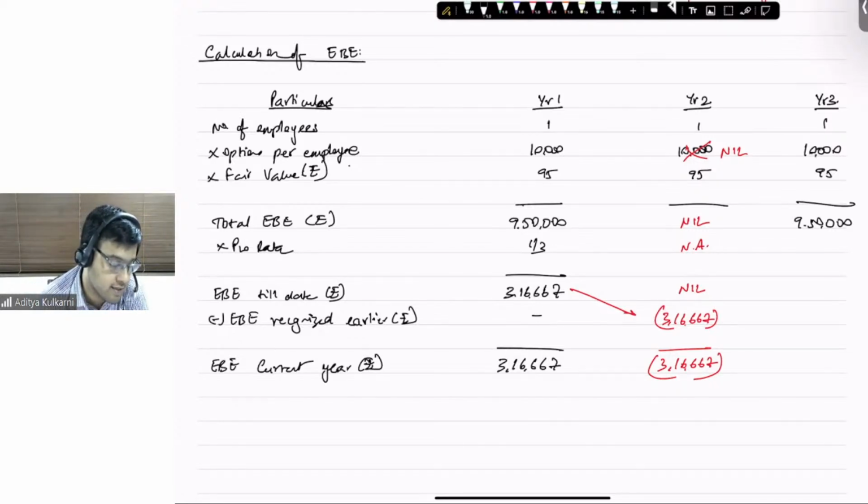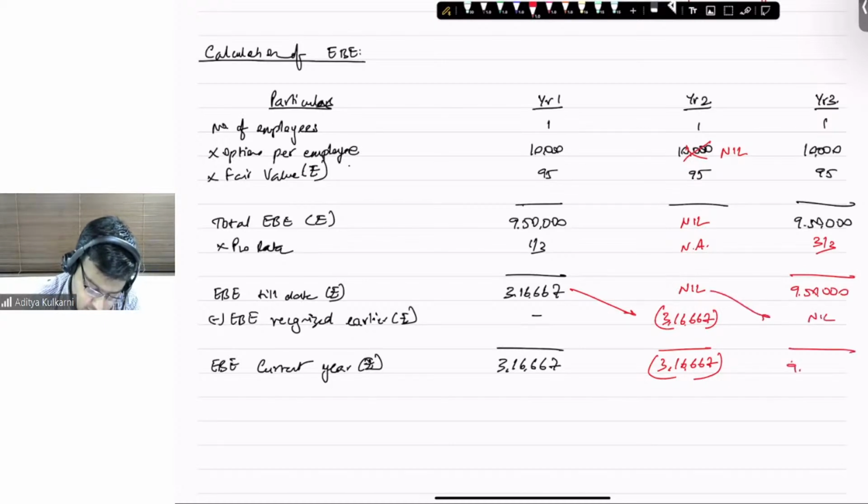Next one is pro rata 3/3. 9,50,000, but EBE recognized earlier is nil. So 9,50,000 is the EBE for the current year that you are going to record.